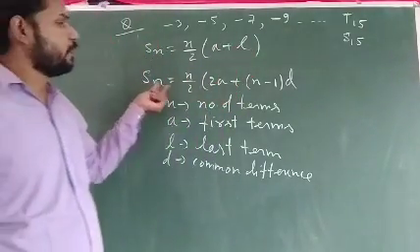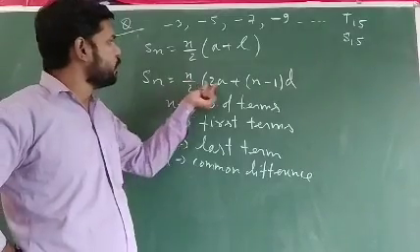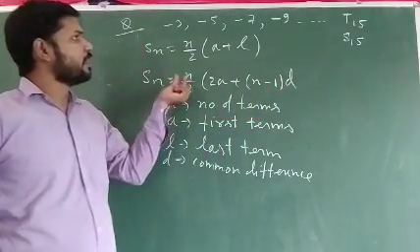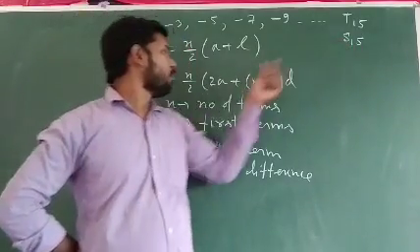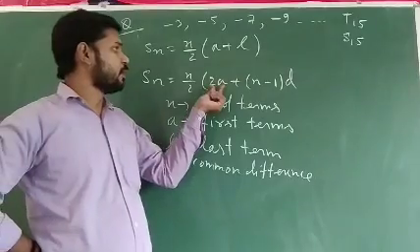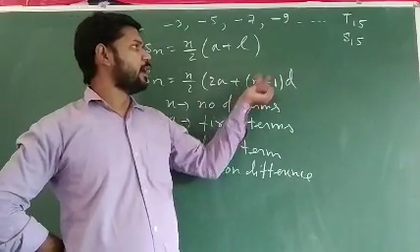So we'll go with Sn equals n by 2 (2a plus (n minus 1) into D). In this case, n as the number of terms will be 15. 2a we have as minus 3, we can easily calculate that, and for n minus 1, n we have 15.